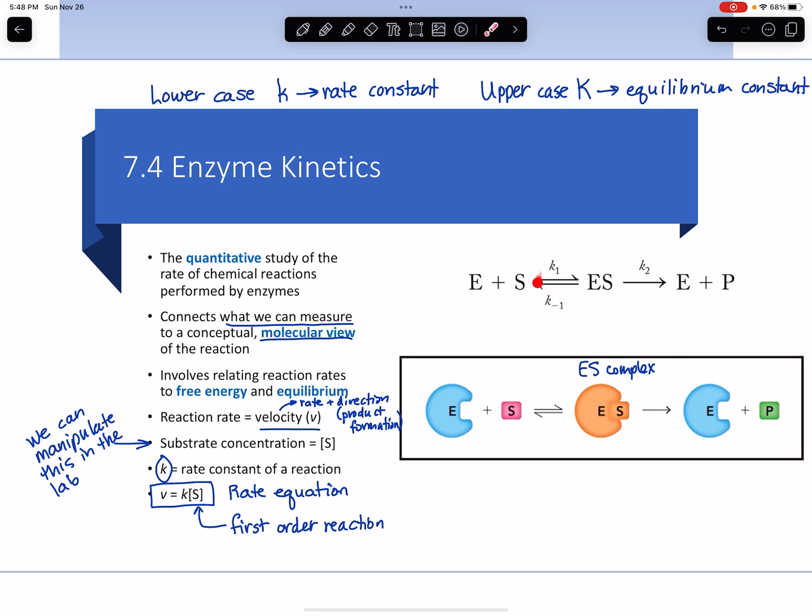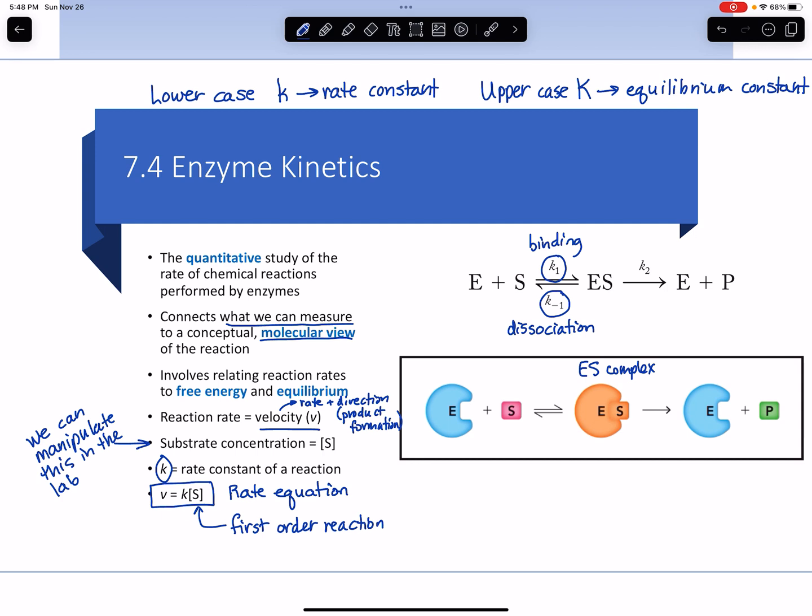So this is an equilibrium process, where you can have binding or you can have dissociation. So we have two processes. We call the rate constant for binding K1, and the rate constant that governs dissociation, K minus 1.